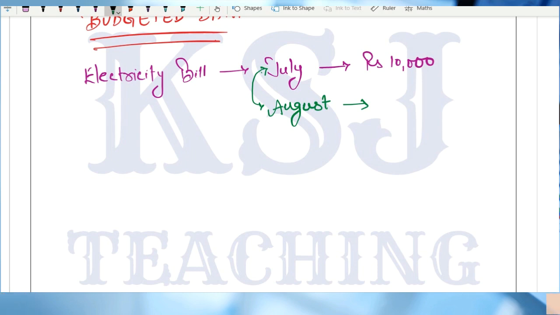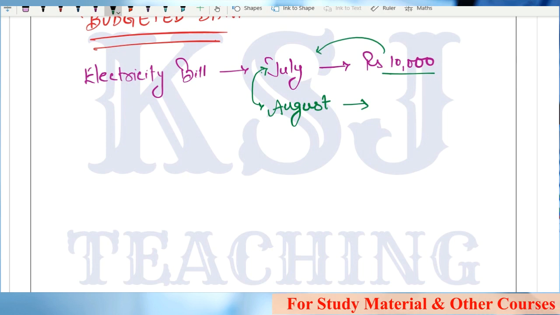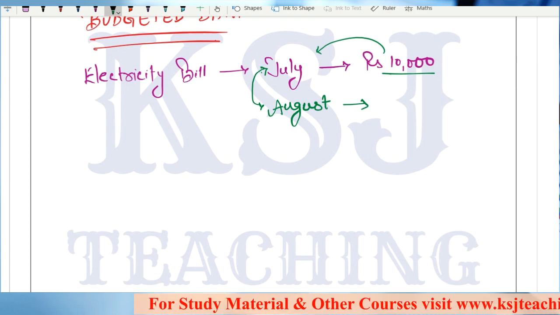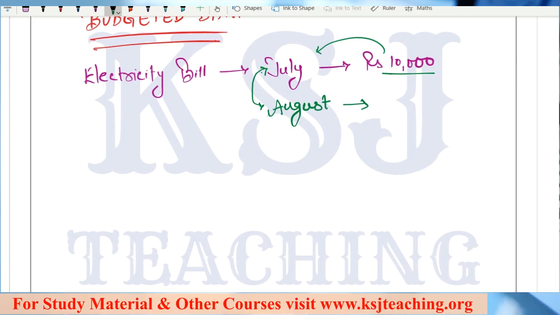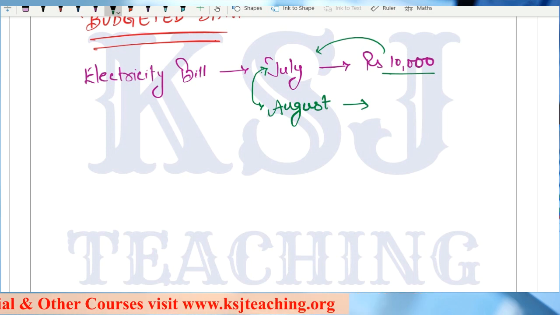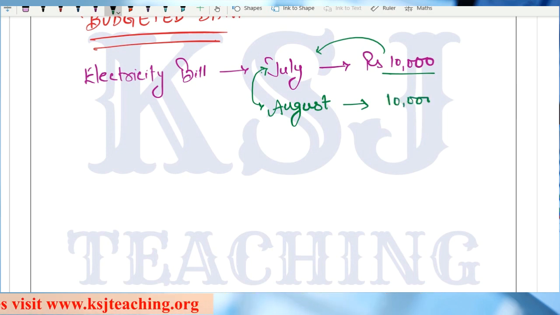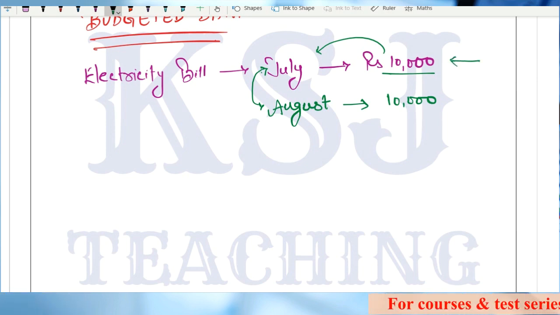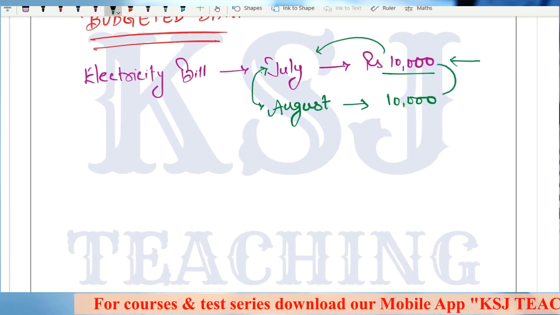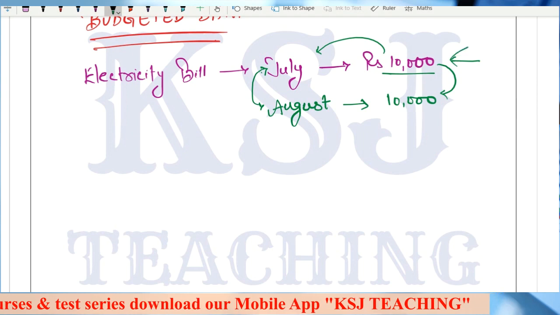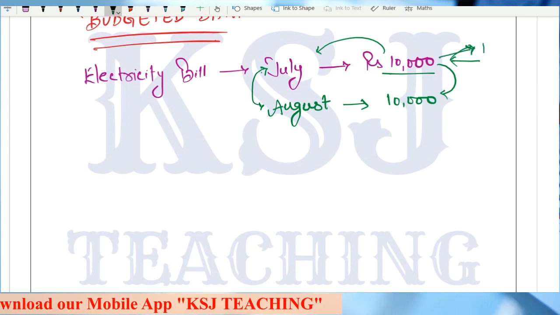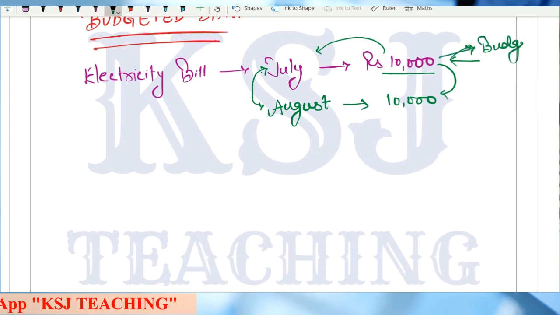So he anticipated that if the electricity bill in July was 10,000, then for August it will also be 10,000 rupees. On the basis of his previous experience, he anticipated his cost for August.